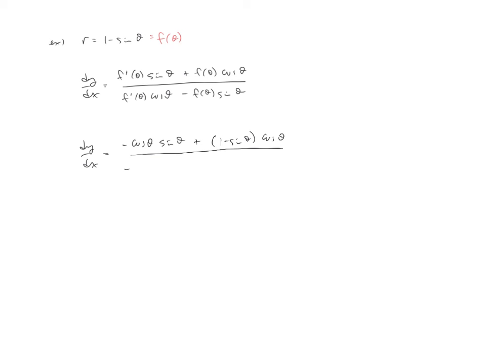Now we have a negative cosine theta again, but followed by another cosine theta. So derivative followed by cosine, and there's our cosine. And then minus the function, 1 minus sine theta, multiplied by a sine theta.